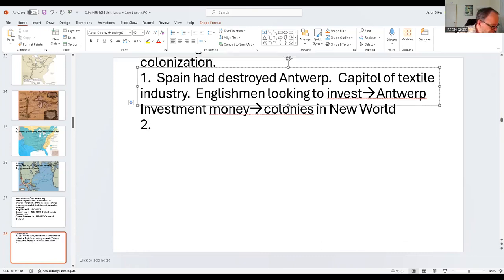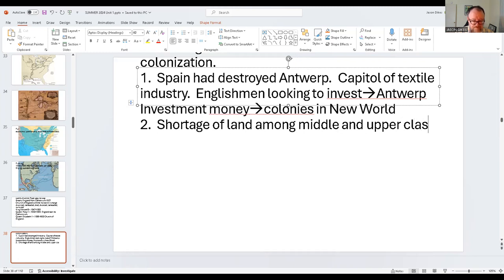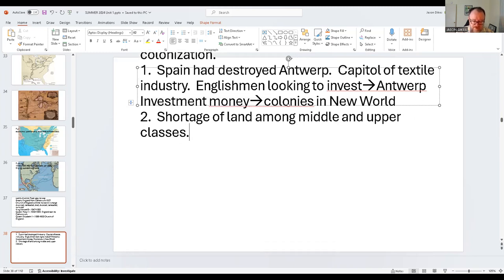Second, England, even the whole of Great Britain, is very small.